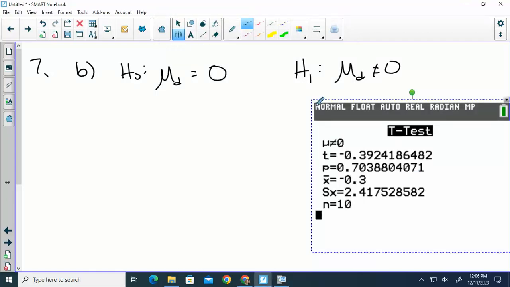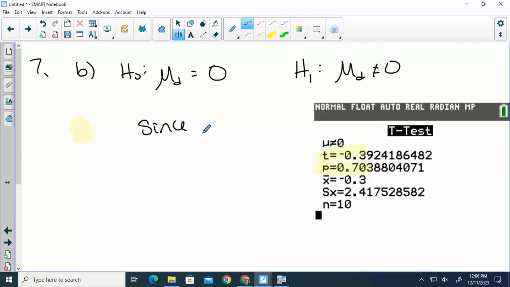Right, so you would write down your T and your P, so then what's our conclusion? Right, since the alpha was 0.05, so P is greater than alpha, we fail to reject the null.